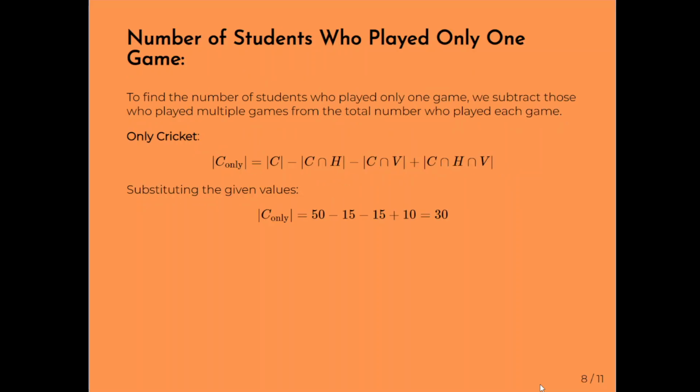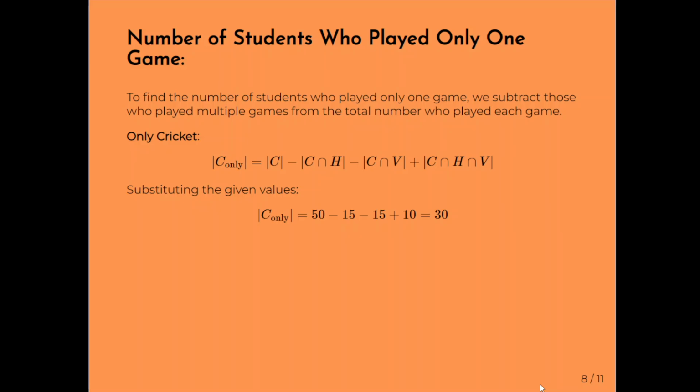Now what we're going to do is look at the students who play only one game. This is very similar to the principle of inclusion and exclusion, as you'll spot shortly. We're looking at the cardinality of C only, the students who play cricket only.